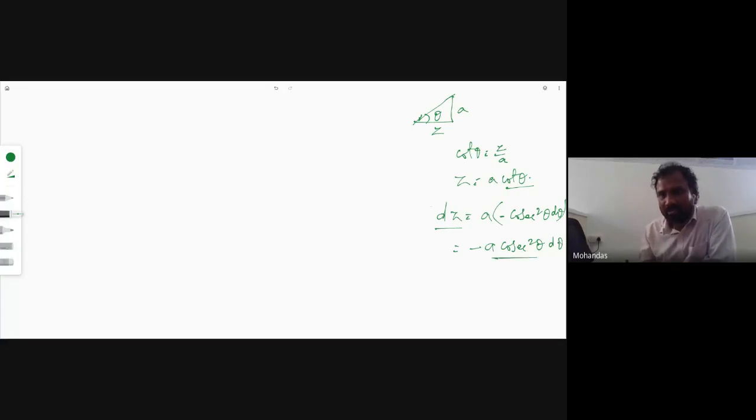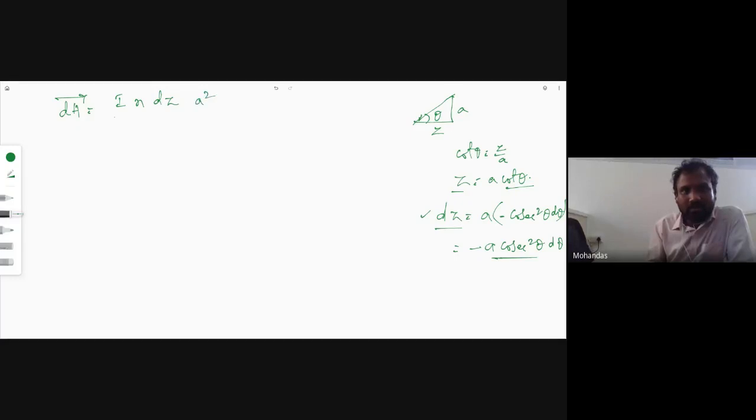So let us substitute dz and z values in the dH here. What is the dH here? Differential magnetic field intensity: I into n into dz into a square divided by 2 into a square plus z square whole to the power of 3 by 2 in the direction of az.